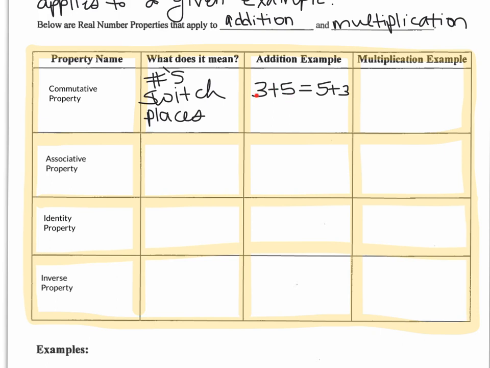They're switching around the equal sign. So I'm physically picking them up and flipping them around. Okay? And a multiplication example would be like 3 times 5 equals 5 times 3. Same thing, 3 and 5, they're swapping places. So commutative property, the numbers switch places.